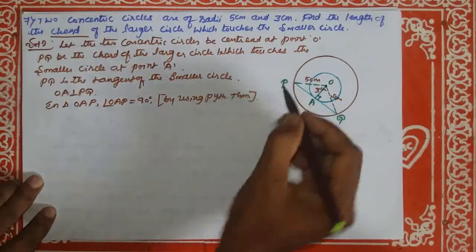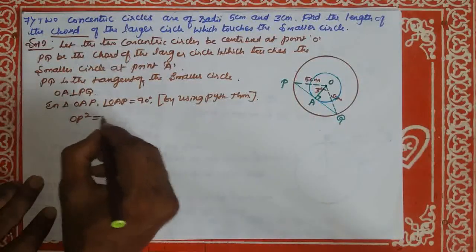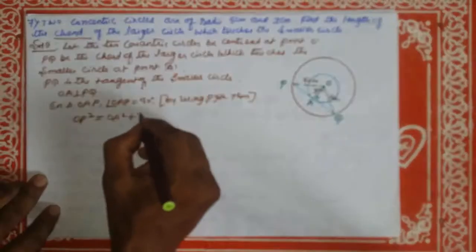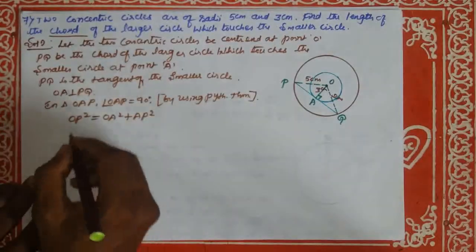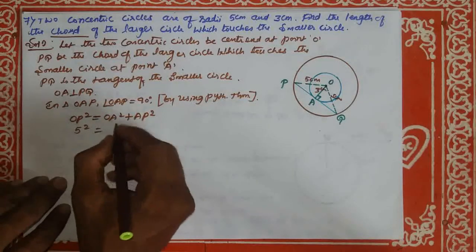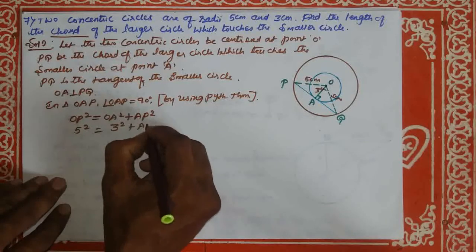OP square is equal to OA square plus AP square. OP square is equal to 5 square and OA square is equal to 3 square, plus we need to find AP square.